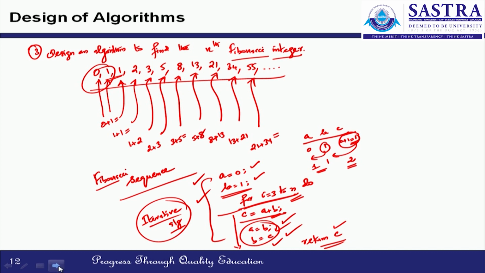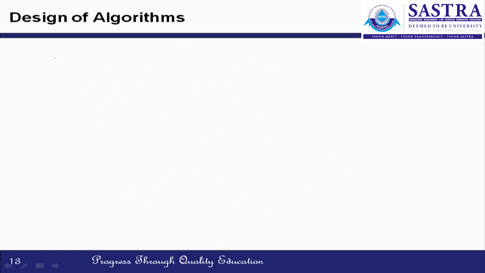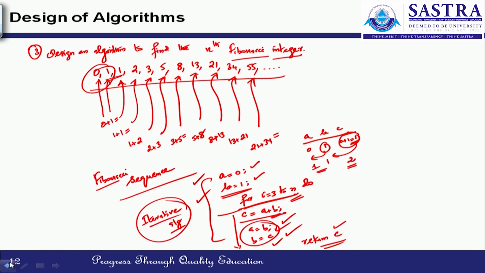Let us design the algorithm. Say Fibonacci, the parameter is n. That means we need to find the nth integer in that sequence.